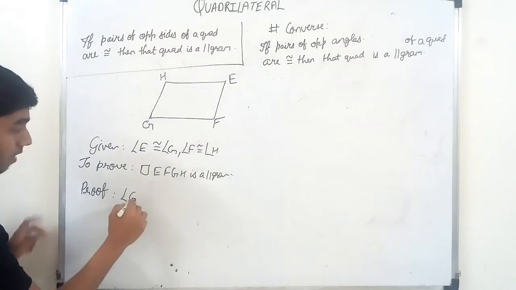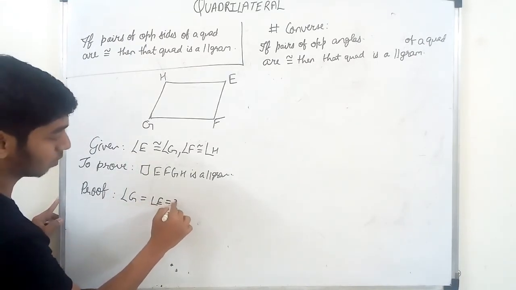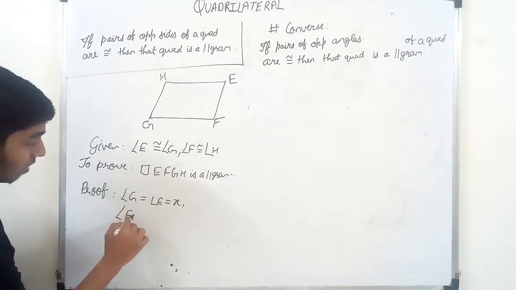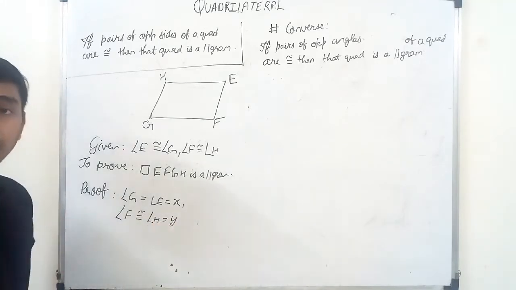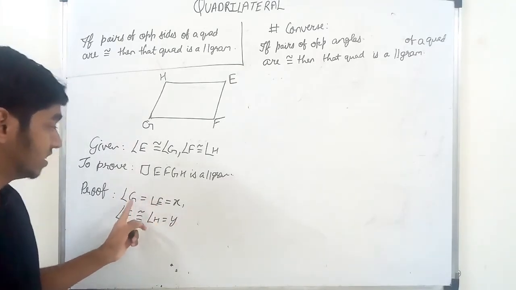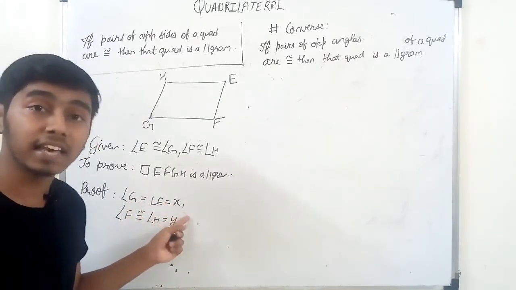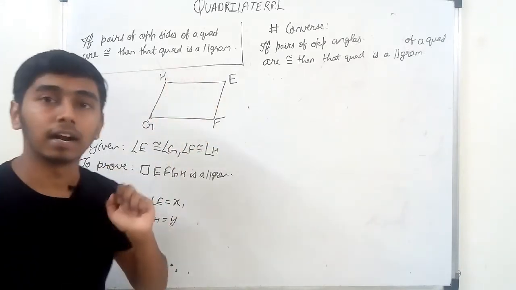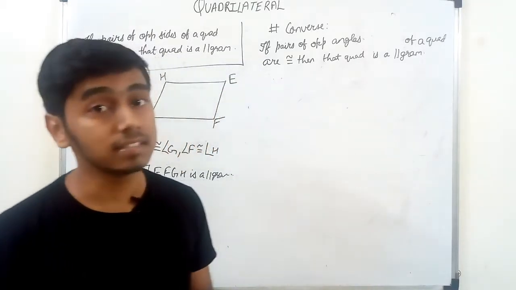Can we say angle G equal to angle E is equal to X, and keep F and H as Y, correct? So these two, G and E, they both are congruent or equal. Keep them both as X and these two as Y. Now, if this is a quadrilateral, you already know that the sum of the angles of a quadrilateral is 360.